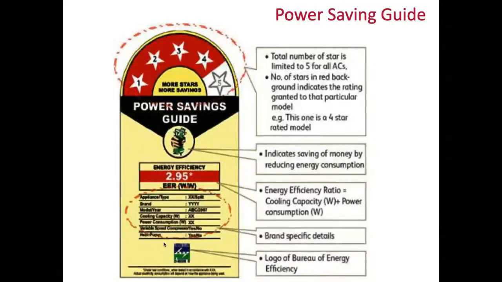The greater the number of stars, the greater the efficiency, right, where EER, the energy efficiency ratio, is given. One important thing to note here is that the energy efficiency ratio is given in watt per watt, which is also the same as COP. Whereas we define EER in BTU, and we know that BTU means British thermal unit, per hour per watt.